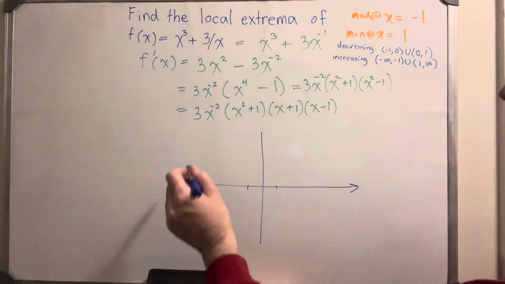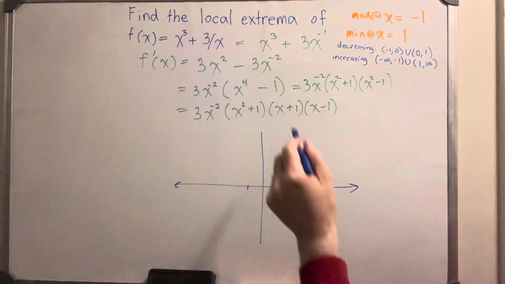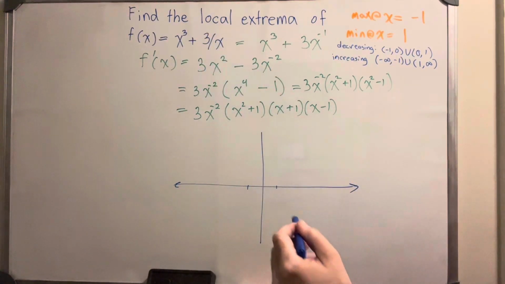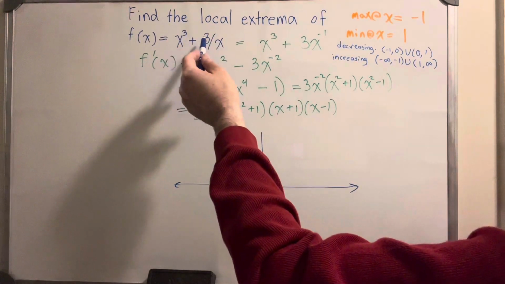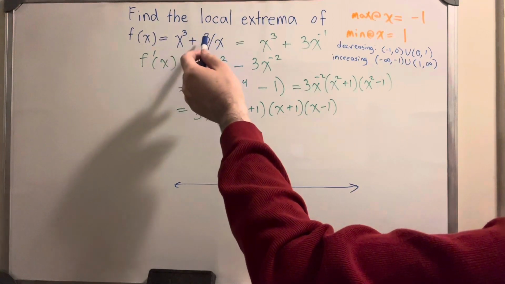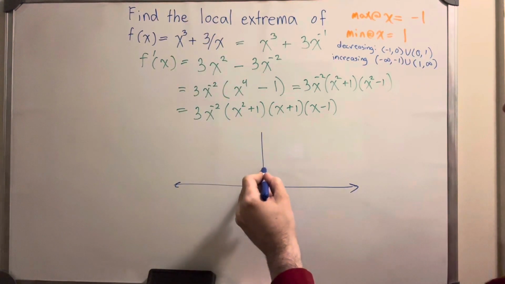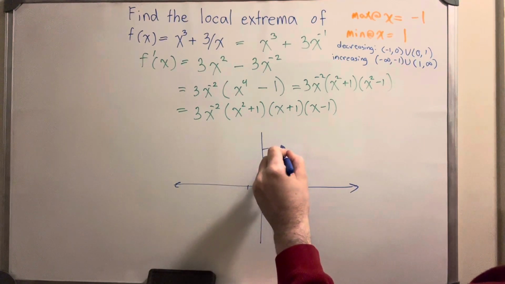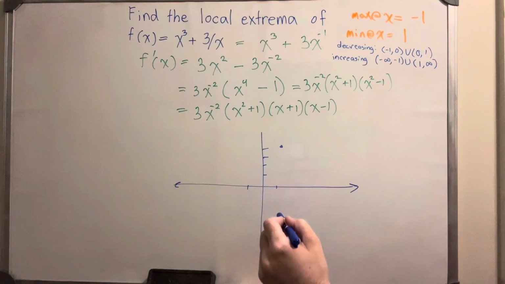Let's find out what's the value of the function when x is equal to 1. This would be 1 cubed plus 3 over 1, which is 3. So 1 plus 3, the value 1, 4 would be right there.